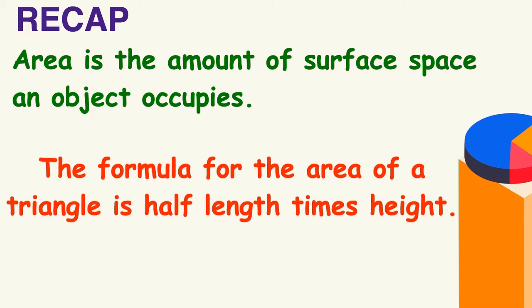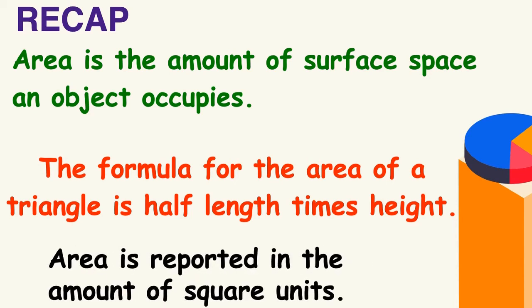We know that the formula for the area of a triangle is half the length or base times the height. And of course, we are to always remember that area is reported in the amount of square units.